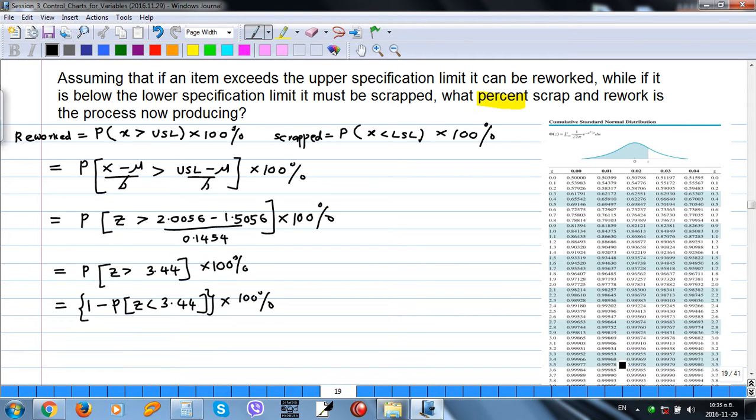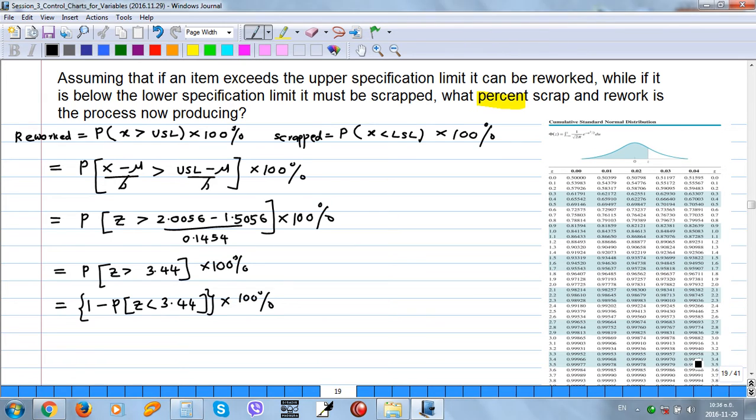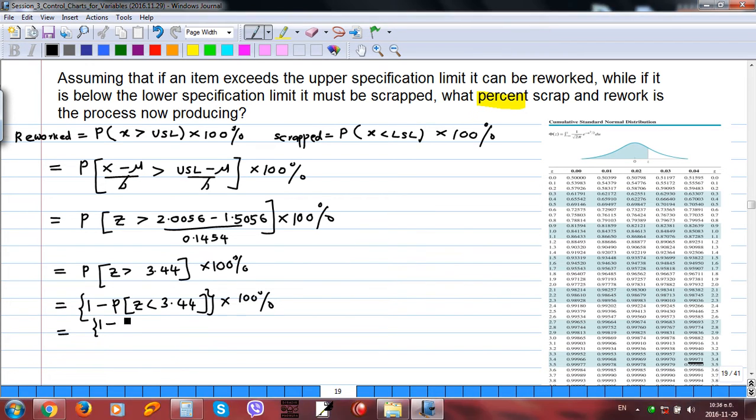The value of 3.44 equals 1 minus 0.99971.